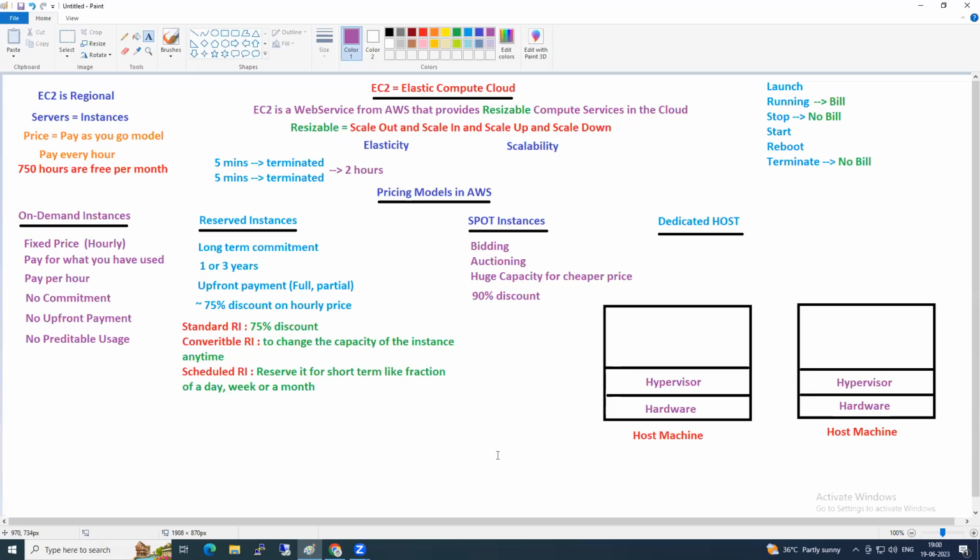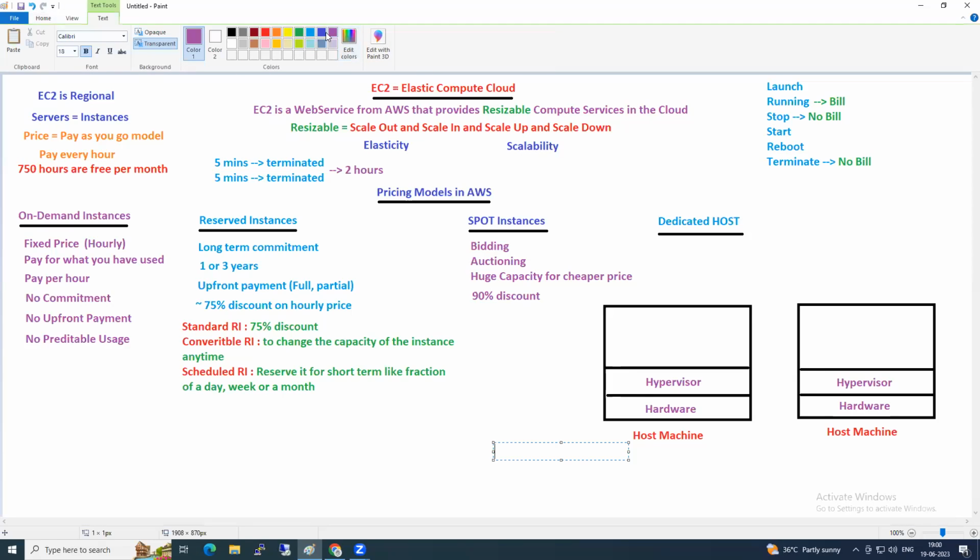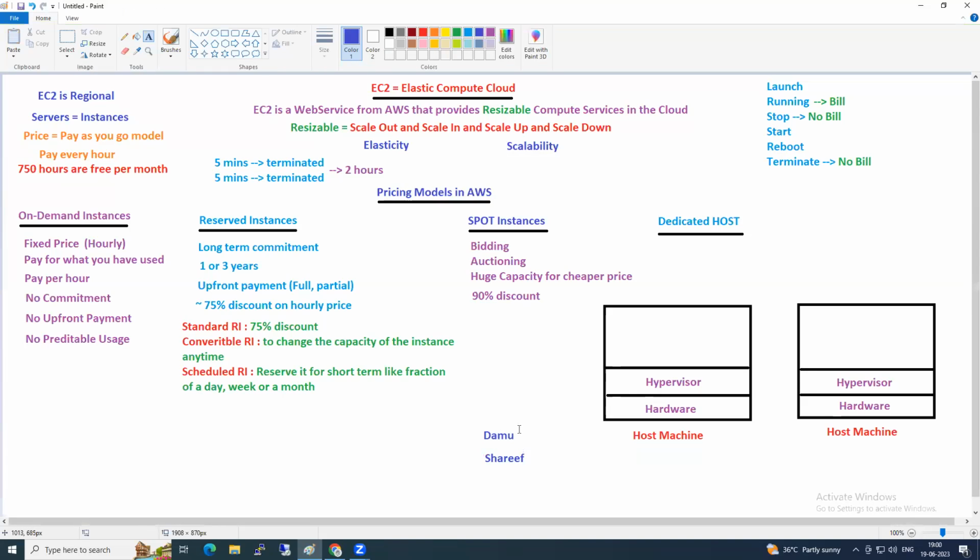Now I have Damu here, and Sharif. They both are sitting next to you. They are different customers. So Damu went and launched an EC2 instance. That means it will go and sit on this host machine. The EC2 instance will be created on this host machine.